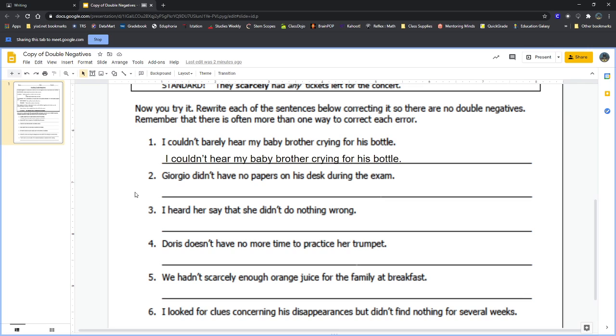Okay, Christopher, what's one of them? Okay, didn't. Didn't is a negative because again it has that N apostrophe T. That means not. So Giorgio did not have no papers on his desk during the exam.